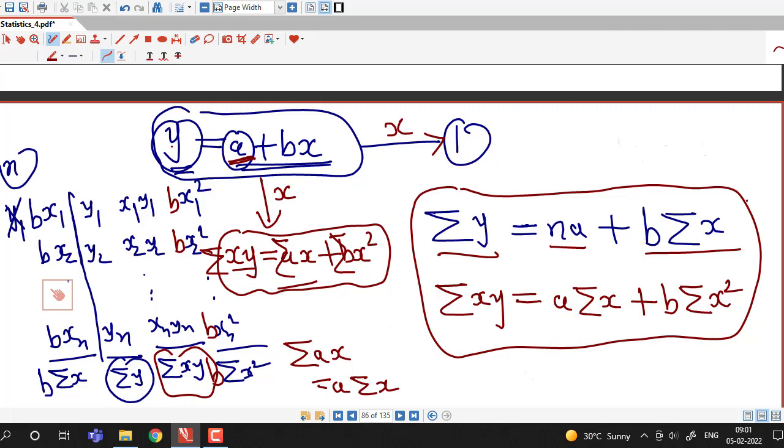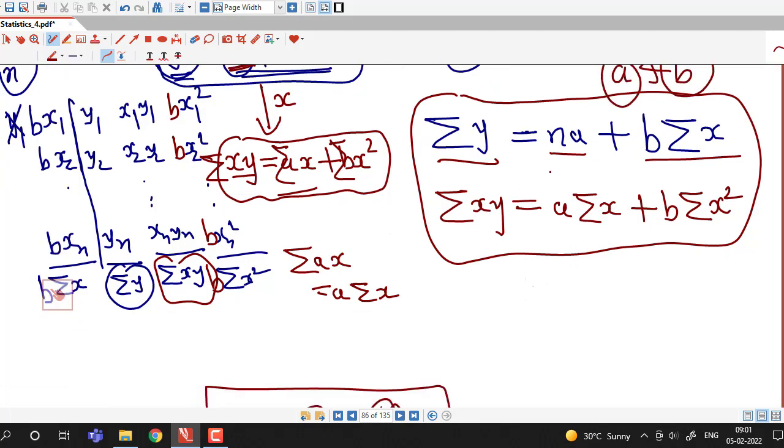Now we can find the solution of these two normal equations. Here we will consider a and b as variables. For example, suppose I want to eliminate a, then I will multiply the first equation by sigma x and the second equation by n, so that I will have n a sigma x, and then I will take subtraction.